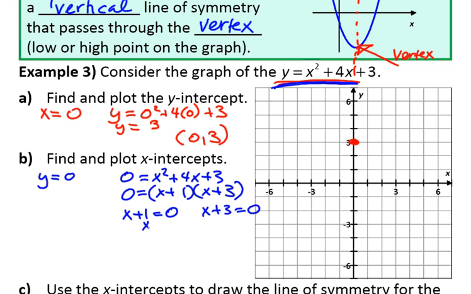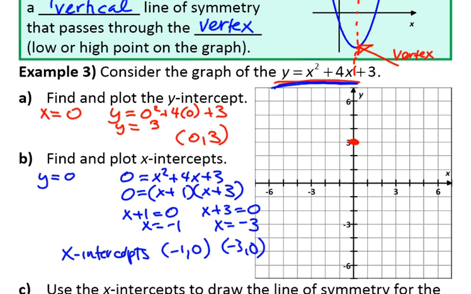So that means x is equal to negative 1 and x is equal to negative 3. So my x-intercepts then, there's two of them. There's negative 1, 0, and negative 3, 0. And I'll plot those on my graph. So negative 1, 0, and negative 3, 0.